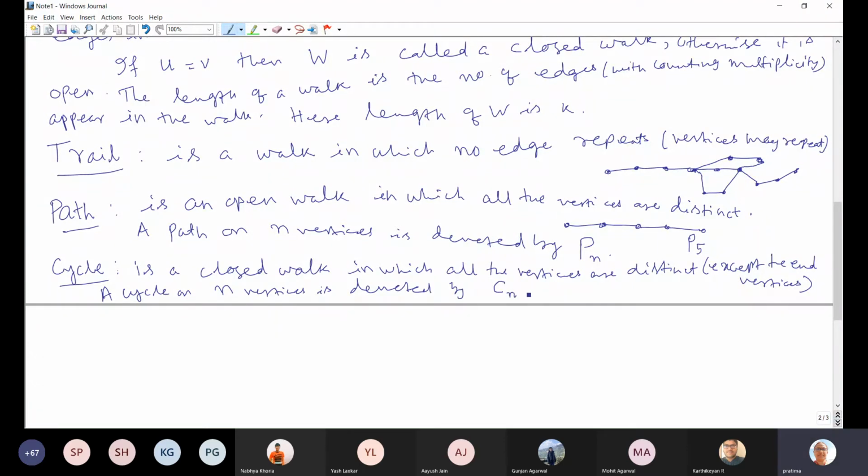This notation we shall use throughout actually. So say this will be your C3, and this is C4. This is how we use the notation, and the definition will be given like this.